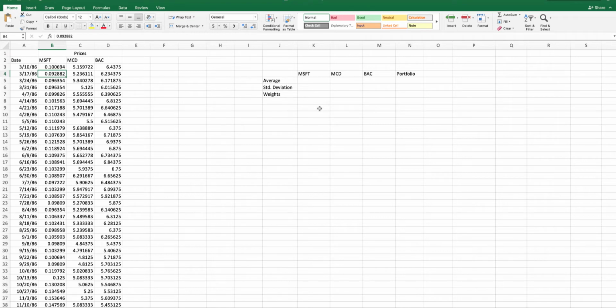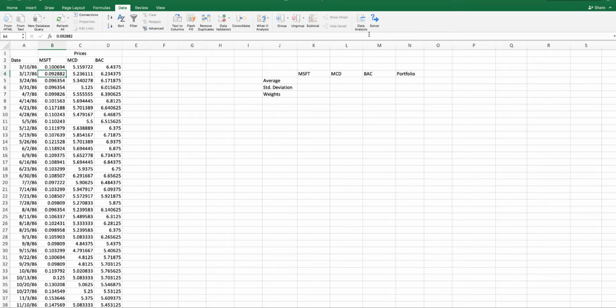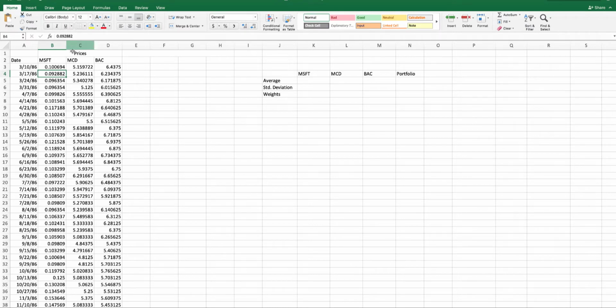I'll show you how to use SUMPRODUCT in this exercise, how to find these statistical functions, average, standard deviation, and how to use Data Analysis and Solver in Excel. So this is a neat application because you can apply all the things that you're learning this week.